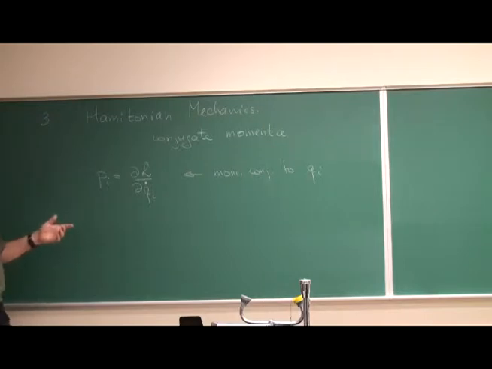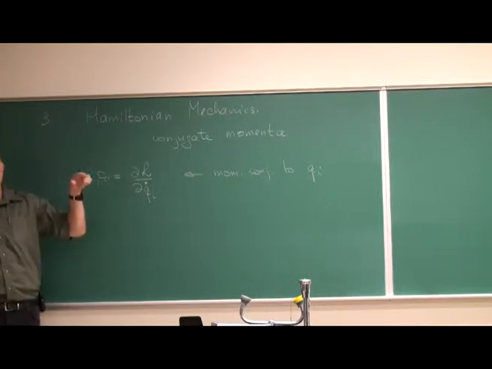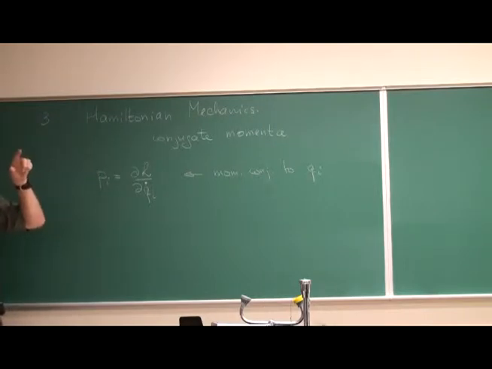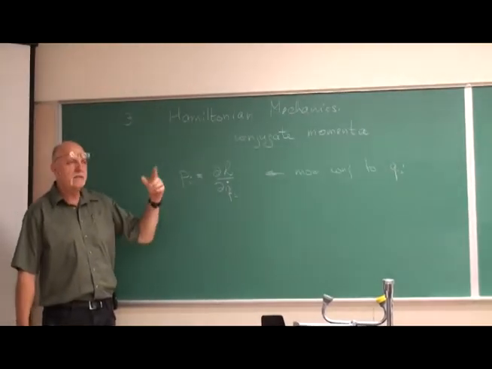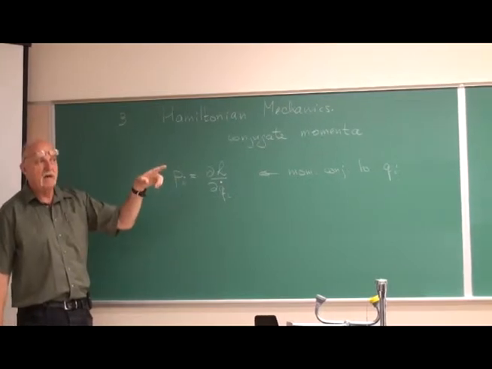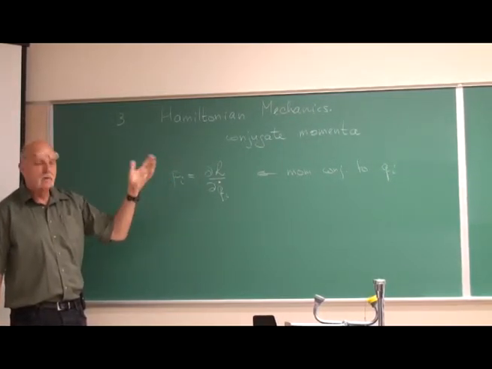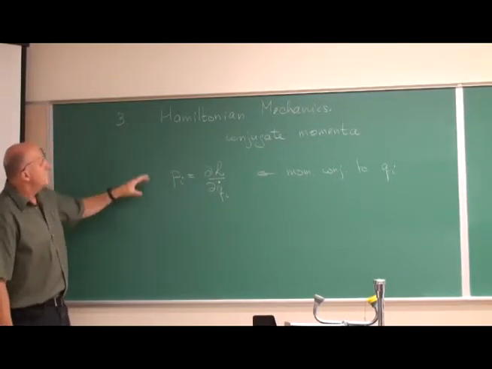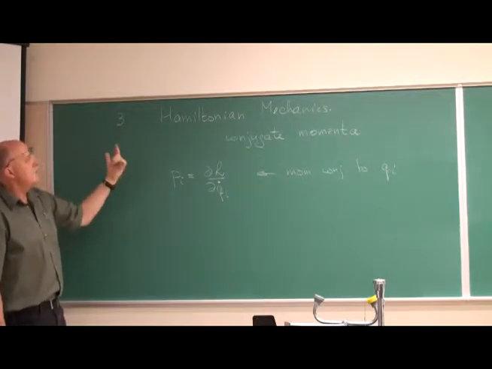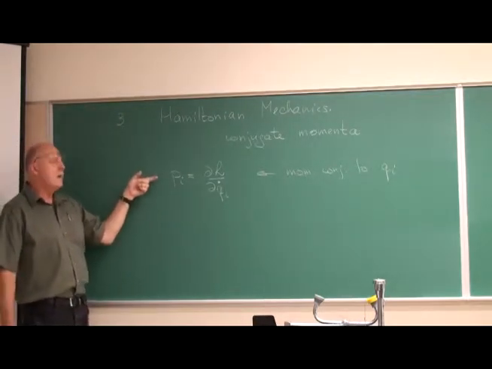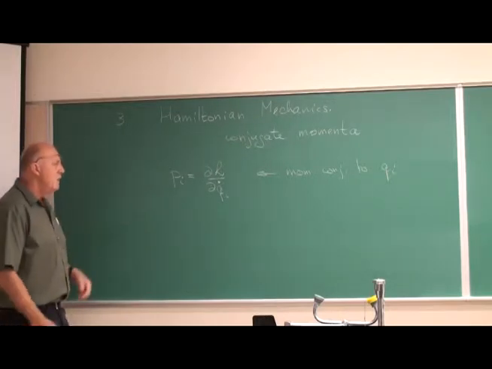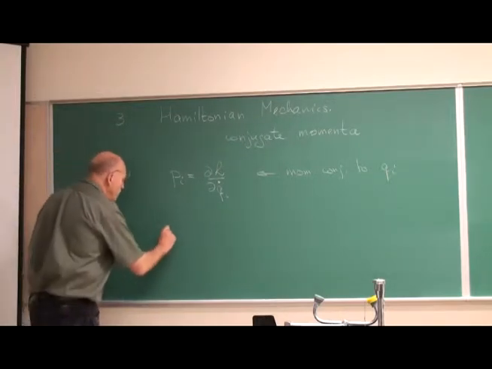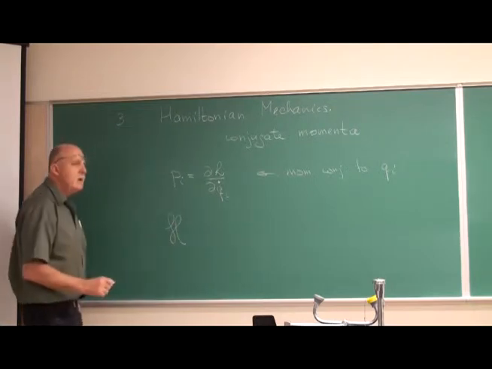But you can see how it kind of works. If you have, in a kinetic energy, 1/2 m x dot squared, and you take the derivative with respect to x dot, then you get m x dot, which is the momentum. So it kind of works. Okay, so for every generalized coordinate, you can obtain a conjugate momentum. And then you define a thing called the Hamiltonian.